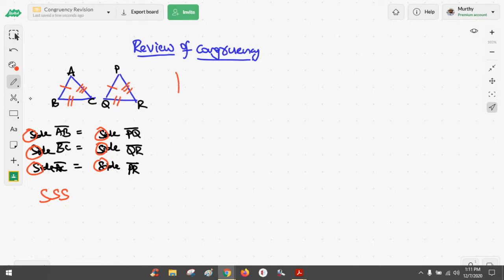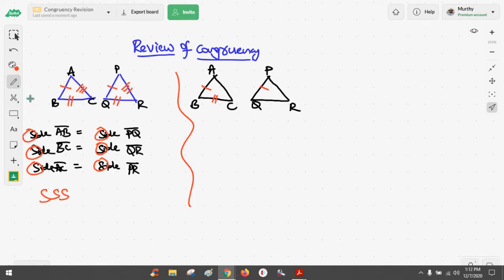And next, the second postulate is, let me take two triangles. Oops, it's really bad. So this is one triangle, this is second triangle. Let's say that this is ABC and PQR. Again, I'm marking, say that side AB equals PQ. Next, BC double stroke, QR double stroke.